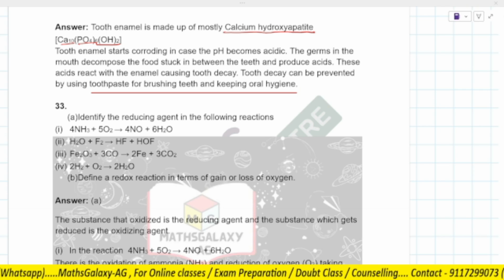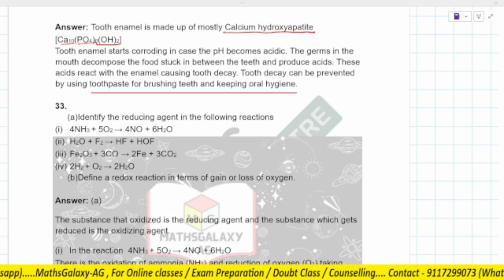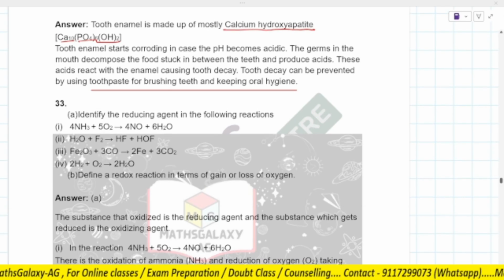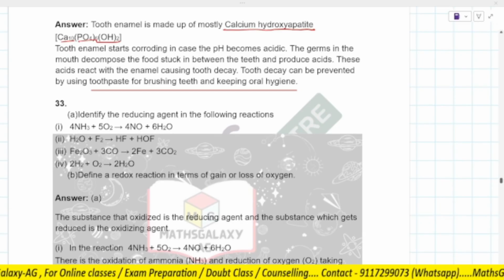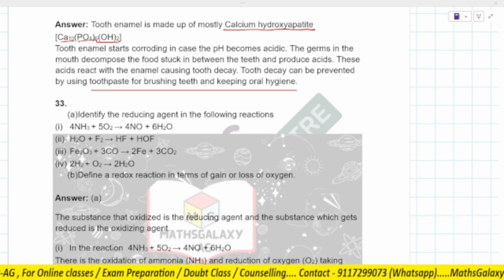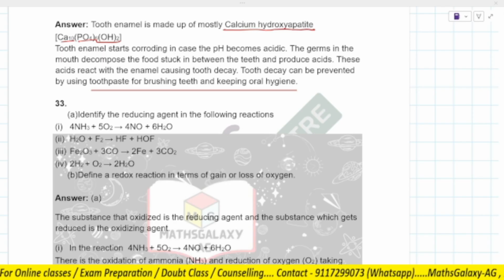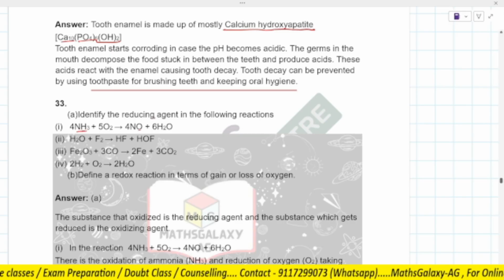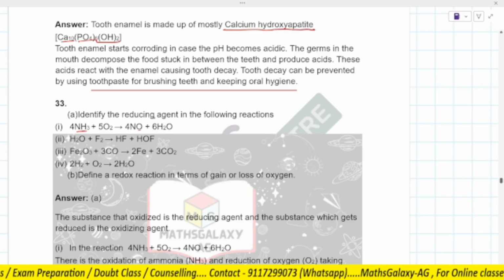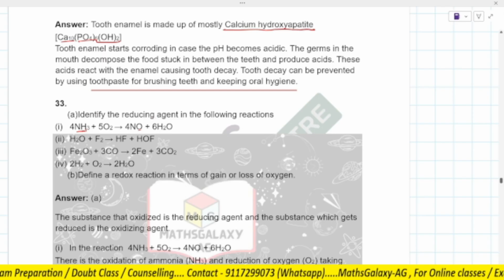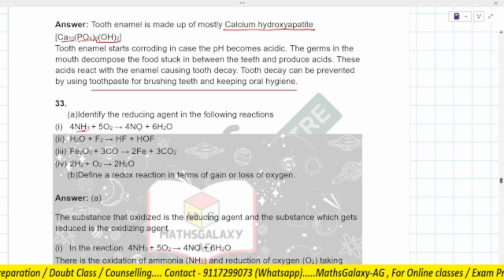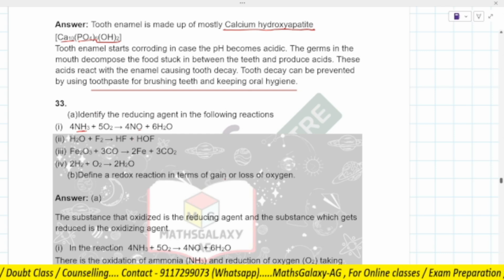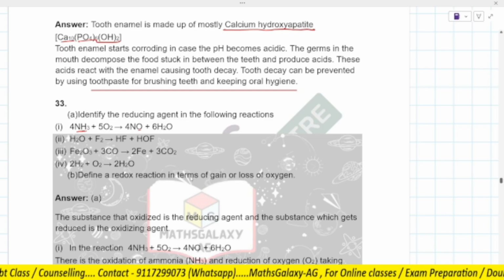H2? Are you sure? Wait, N is oxidized. It's NH3, right? Yes, NH3, as it gets O and releases the hydrogen. So here it will be NH3. Now let's see the explanation for this one.